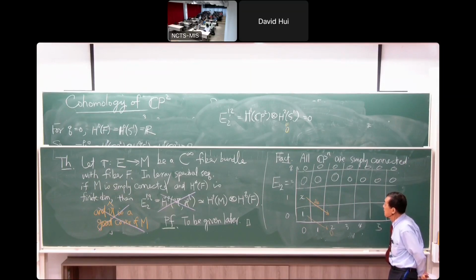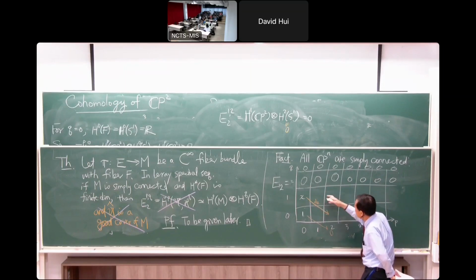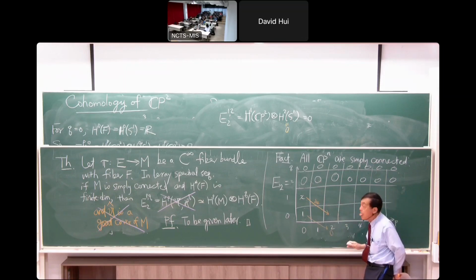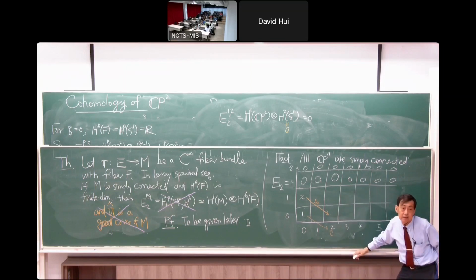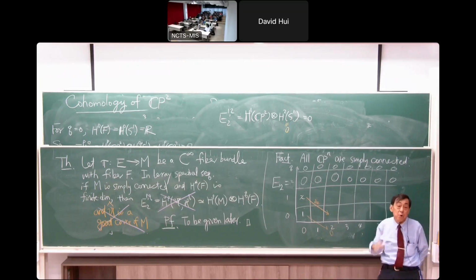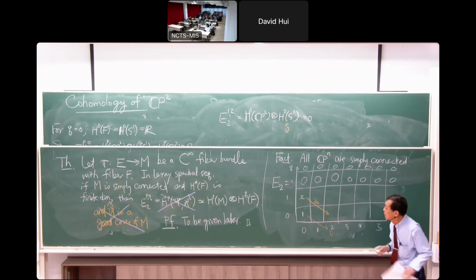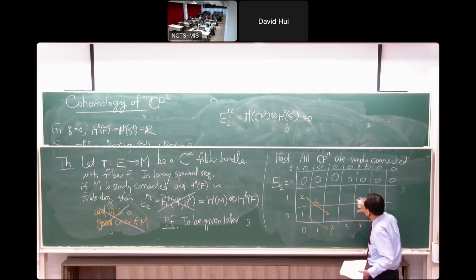Oh, yeah. So D2 could be non-zero because you don't know what these boxes are. Okay, D2 could be non-zero. But what about D3? What can you say about D3? D3 has to go down 2. Always 0 because these 2 rows are the only 2 possible non-zero rows.